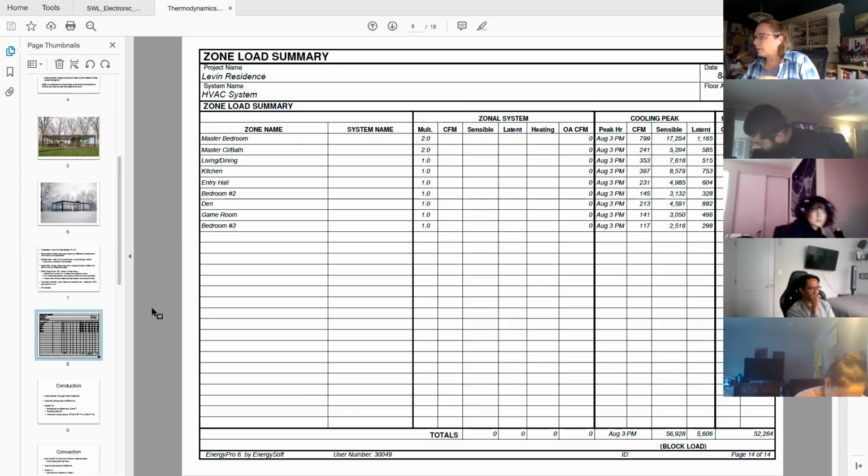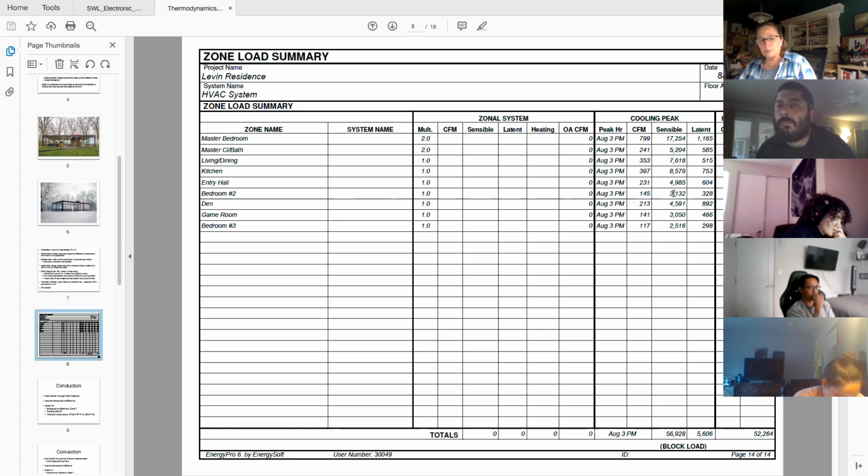So this next slide, this is a page out of a Title 24 compliance document. You don't really have to know too much right now, other than this is a load summary. So it's talking about how much energy is needed to either heat or cool this particular residence. It's got several different zones for the different rooms. So for cooling, there's two different quantities of energy that affect the cooling load on a space.